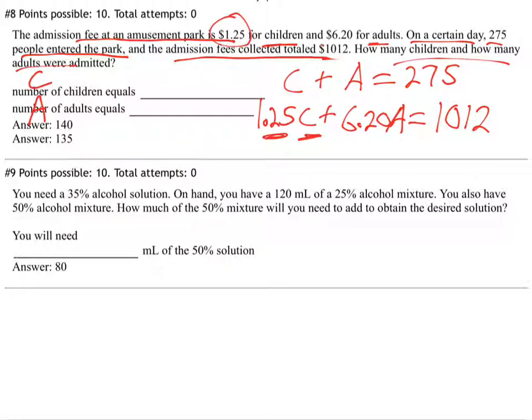However many children came at $1.25 each, plus $6.20 for each adult, adds up to be $1,012. So there we have our two equations in two letters. The top one is just the total number of people. The second one is the money. So let's go to a fresh screen and solve those two equations.